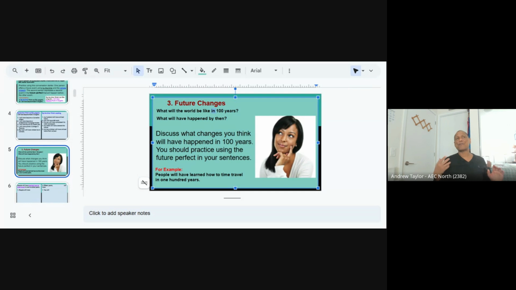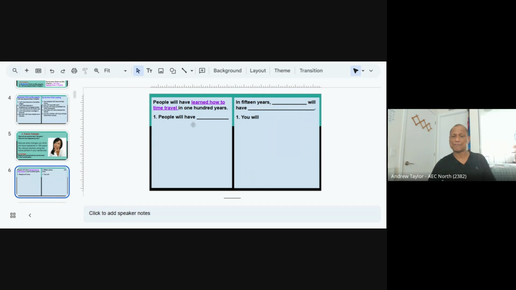But if you say by the time in that situation, your grammar is not going to be natural. So it's better to say in 100 years. People will have learned how to time travel in 100 years. Okay, now look at this. People will have learned how to time travel in 100 years.